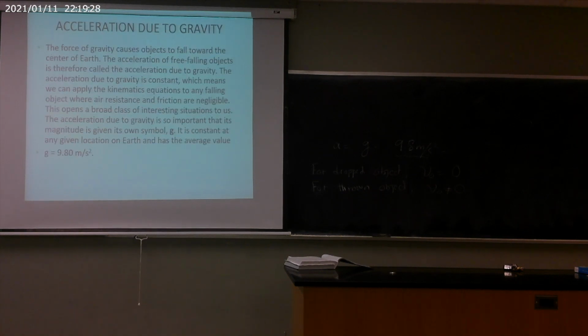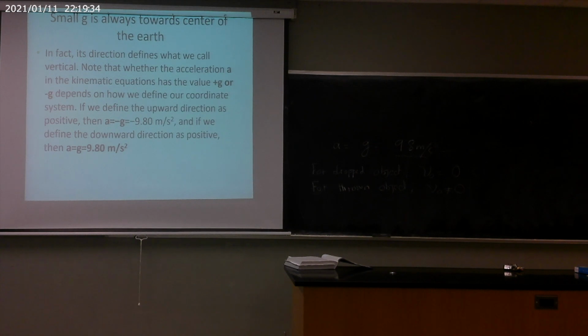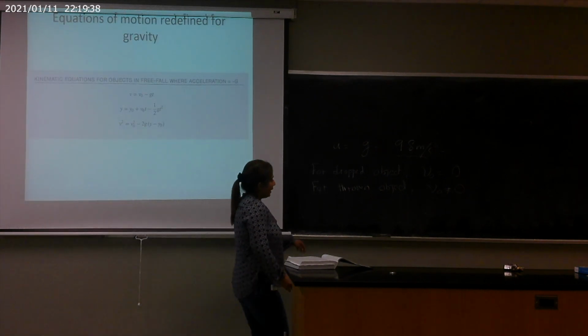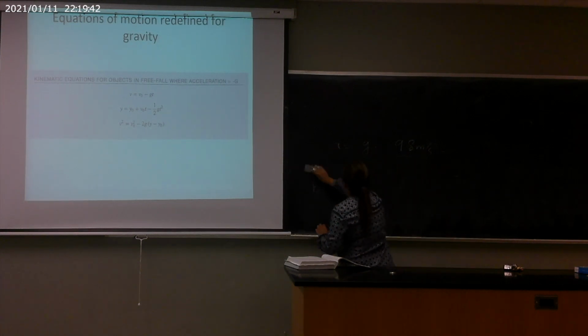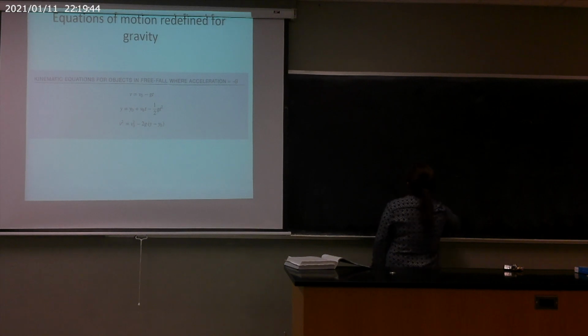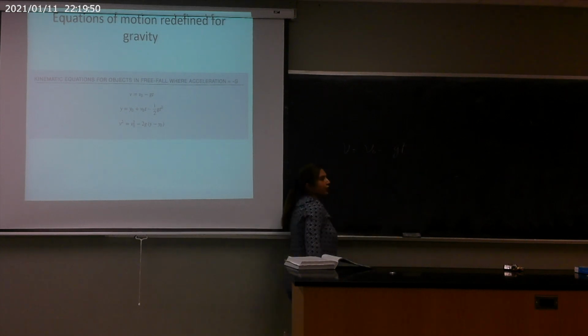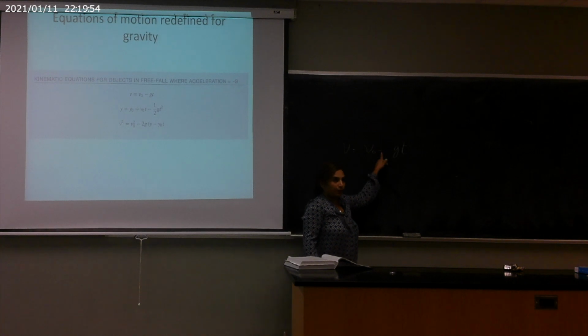The same equations can be rewritten in the form of the acceleration. Acceleration due to gravity is constant value. We can rewrite the same equations that we have before in g form. Now you may notice I put a negative there.